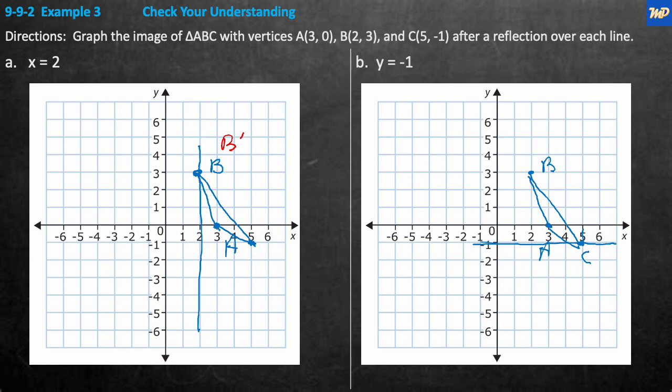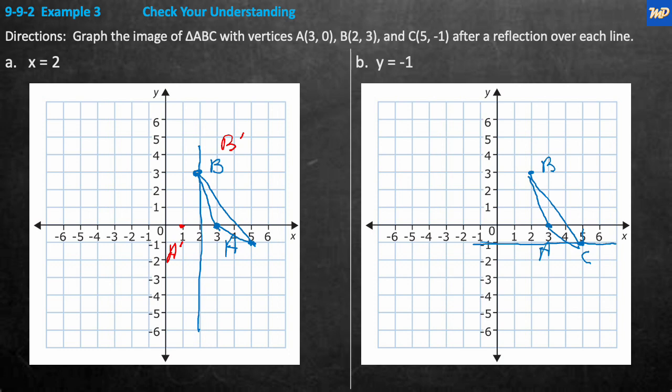We're going to flip this one over line 2. This 3 on X becomes 1, because this is up 1 on X. It's at 0. This is your point A. It's going to be 1. So it was 1 above X equals 2. Now it's 1 below X right here. And this is A prime.